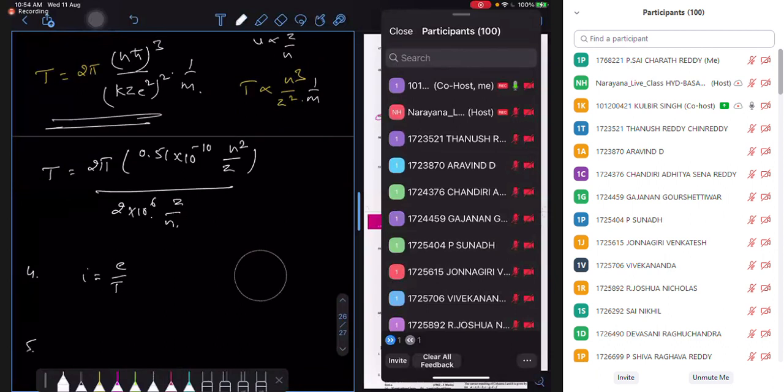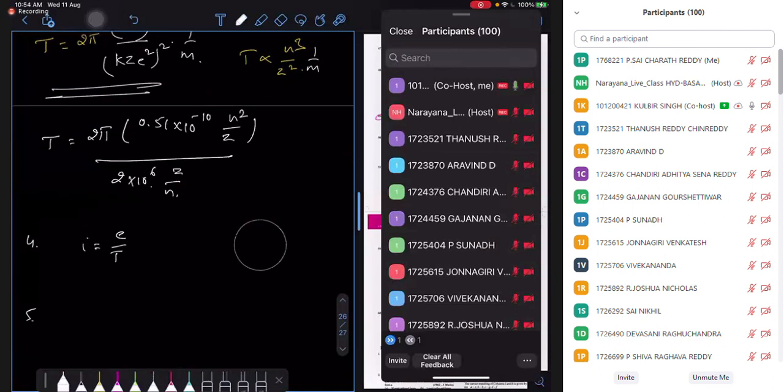And for magnetic field, this moving electron is going to behave as a current. If there is an electron moving, it's a negative charge, so it is generating a current in the opposite direction. So it behaves as a current ring.